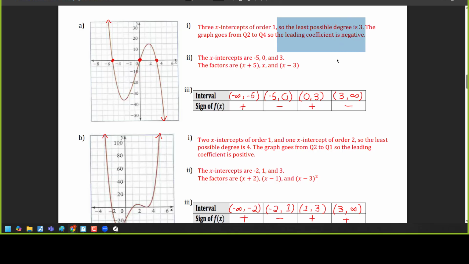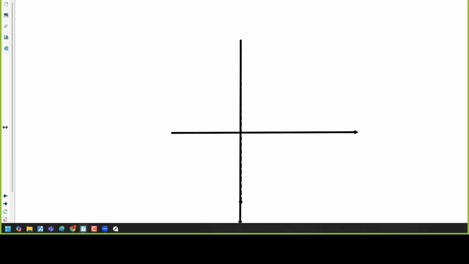How do we know that? The way we know that is simple. If you look at a normal odd degree function, let's say y equals x, what quadrants does it go through? If you don't remember, y equals x goes like that. This is y equals x. Very simple. This is the simplest odd degree function, degree of 1.